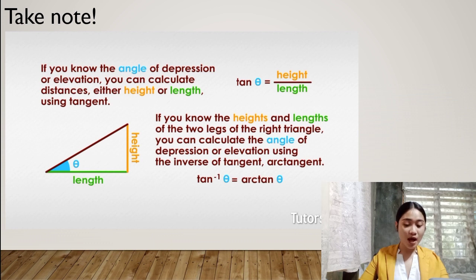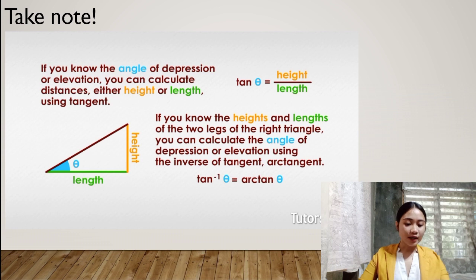However, when looking for the hypotenuse and given the adjacent, cosine theta is equal to adjacent over hypotenuse. So on with the sine: sine theta is equal to opposite over hypotenuse.